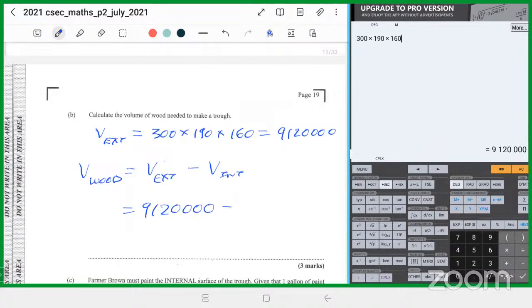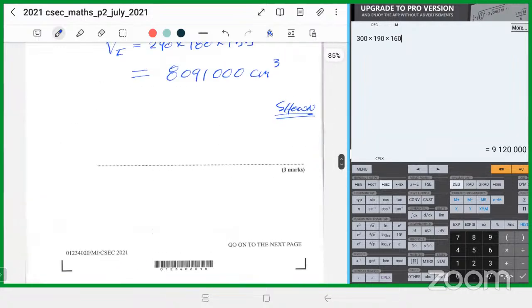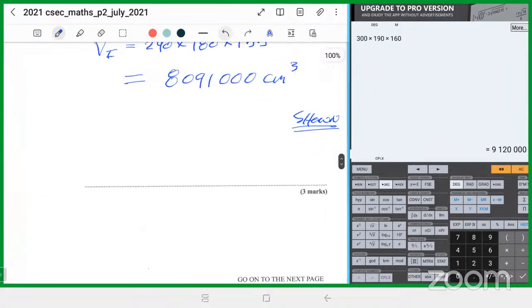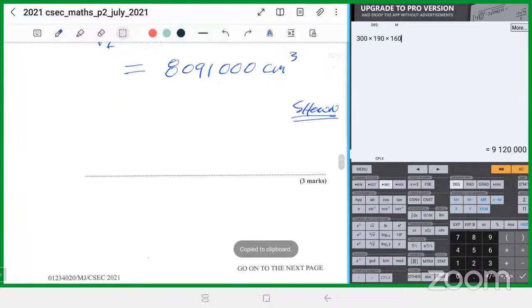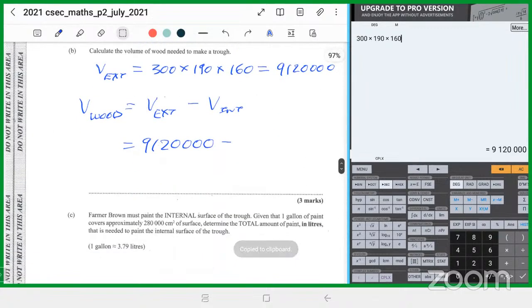9120,123 minus the original figure was what? This thing right here. Let's copy it down. Can't bother to write it over. Let's copy it down and put it here, subtracting that. All right, and get the final answer in cm cubed. So we're going to subtract now.